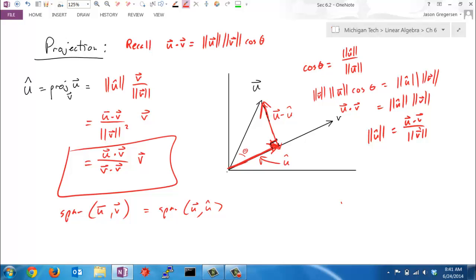So this is also the same thing as the span of u minus u hat and u hat. Which means I'm not changing the span of my space, I'm just changing the basis I'm using. So this is just a new basis for the same space, but of course it's orthogonal. So I've generated an orthogonal basis for this. Okay.